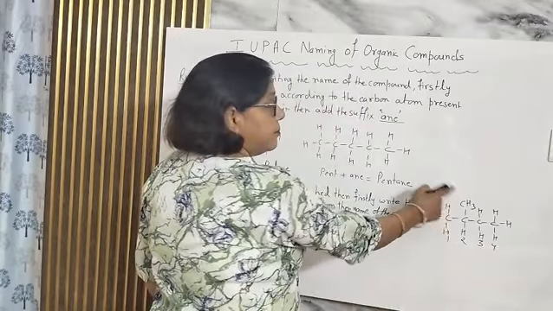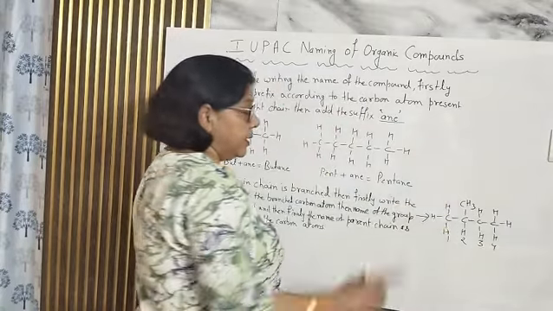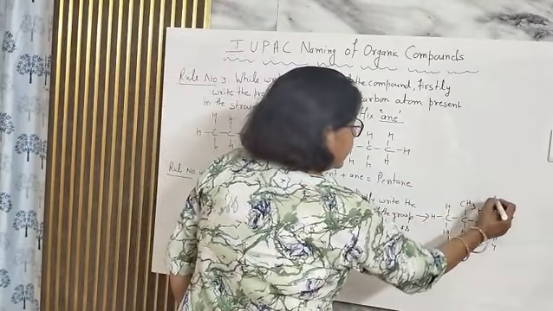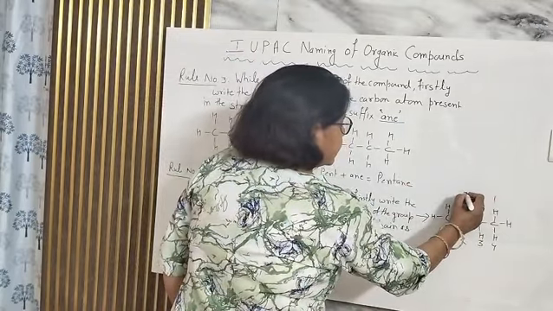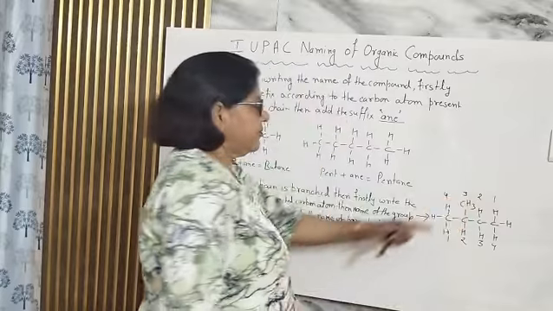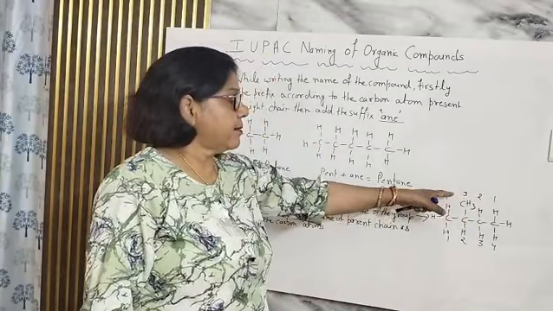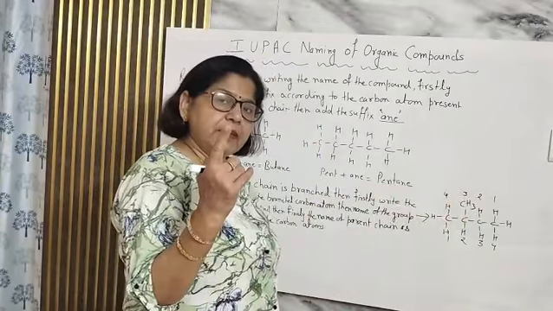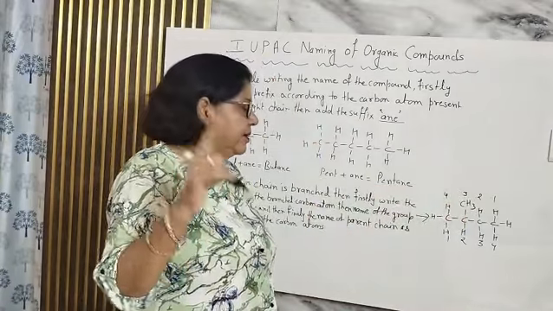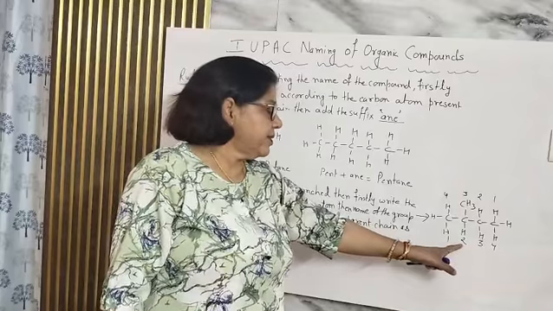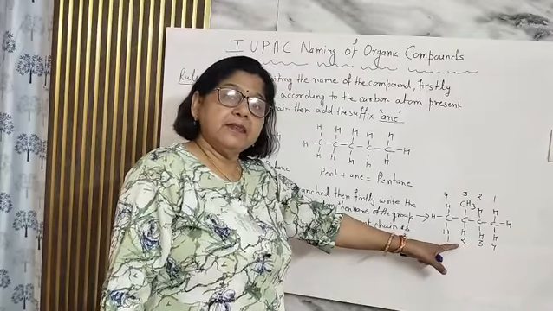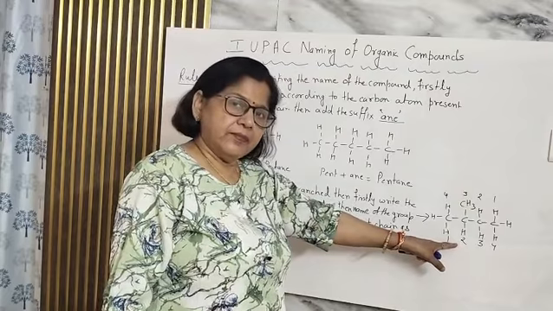The second carbon atom is a branched carbon atom. If we go from right to left, 1, 2, 3 and 4, then the third carbon atom is a branched carbon atom. So which numbering will we prefer? Left to right, in which the second carbon atom is the branched carbon atom.